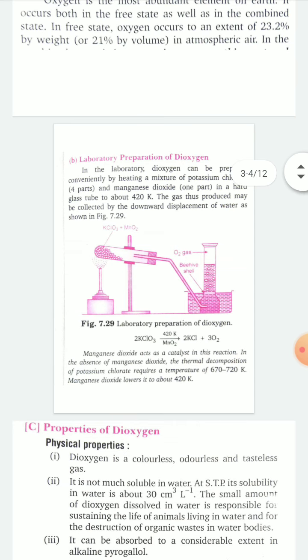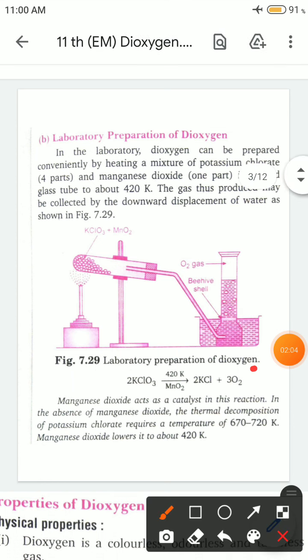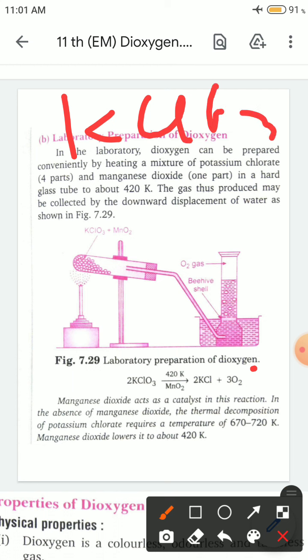Methods of preparation. Laboratory method. In the laboratory, dioxygen can be prepared conventionally by heating a mixture of potassium chlorate, KClO3, and manganese dioxide in a hard glass test tube at about 420 Kelvin.